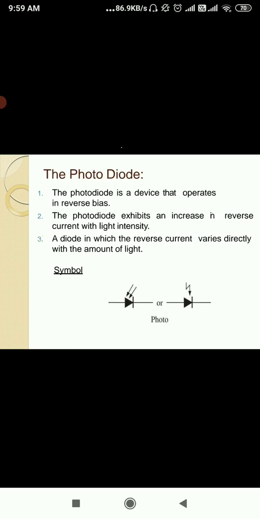And for the LED, which emits light, the arrows were outside. Otherwise it is exactly the same, only to the inward terminal you give the arrow. So it is taking the light and converting that into electricity. So we can say a photodiode is an electronic device which will operate exactly vice versa of an LED. And the photodiode will operate in reverse bias.